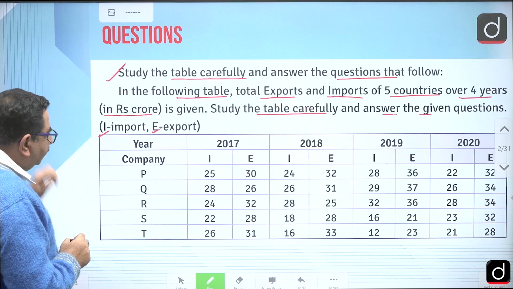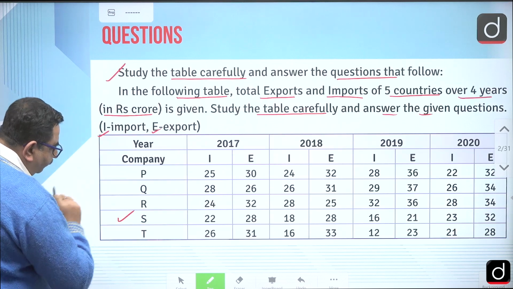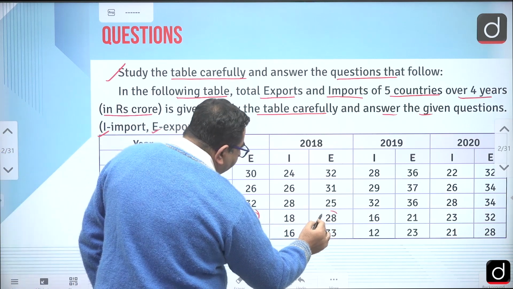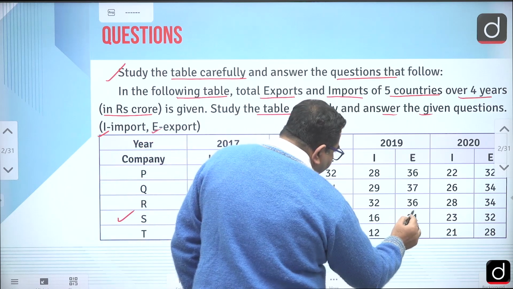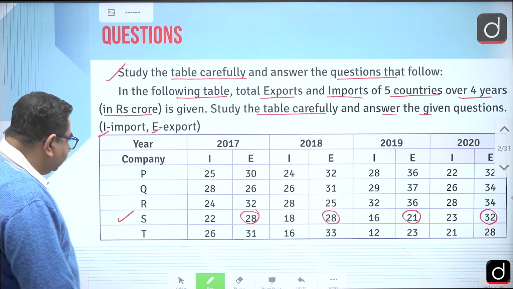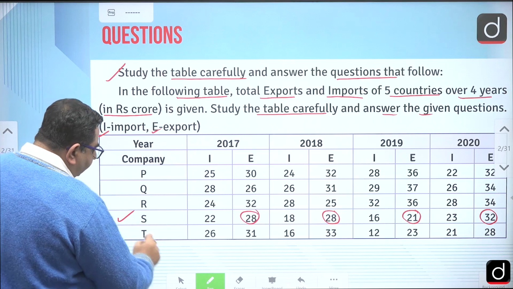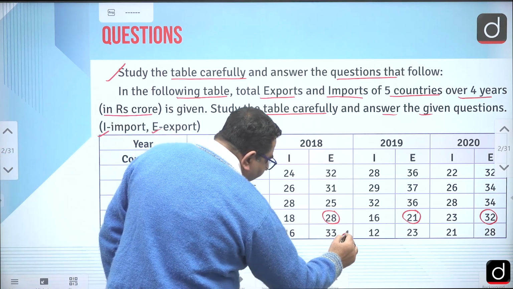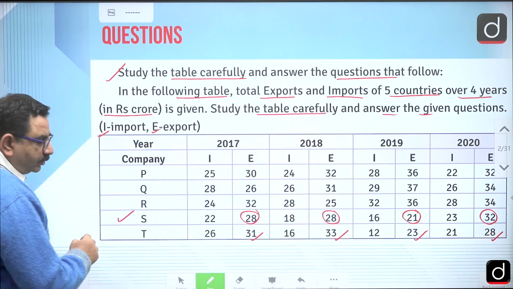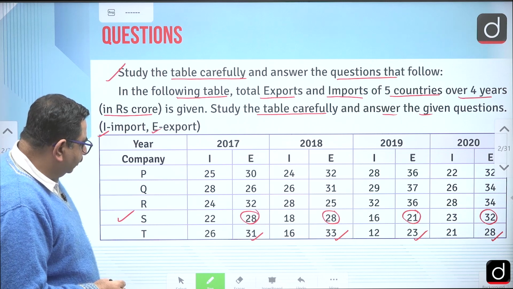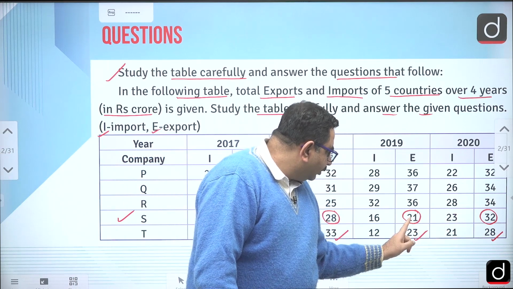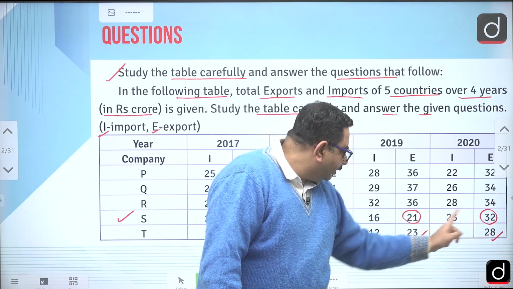Going back to the table, this is company S, and the exports are 28 in 2018, 28, 21 and 32. This is the export done by company S, and in the same manner we can see the exports for company T. The total exports of company S: 28 plus 28 is 56, and the other sum is 53, 20 plus 30 is 50, 2 plus 1 is 3.